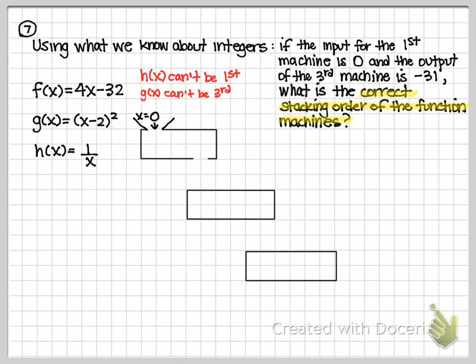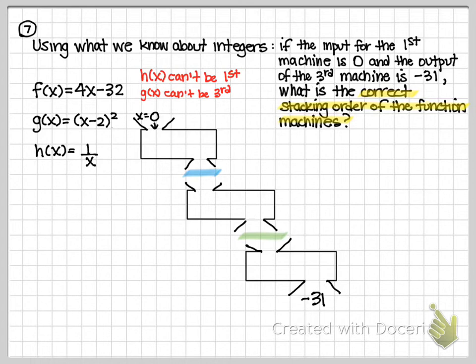Whatever answer comes out of that gets plopped into the next machine. Then we need an answer from that machine, and that's going to get plopped into the next one. And at the very end, we know what we want because we're told the final output is negative 31.